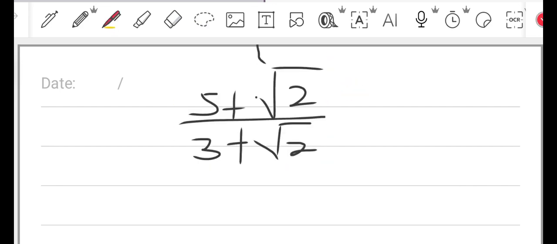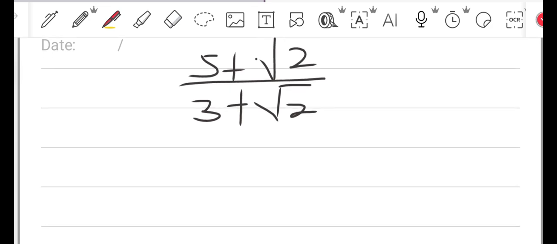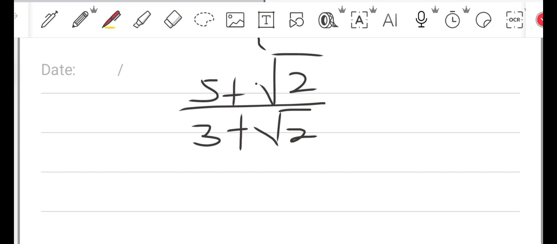Remember, we were told that if you want to simplify anything like this, we have to undergo what we call rationalization. So to do that, you have to multiply both the numerator and the denominator by the conjugate pair of the denominator, I beg your pardon.